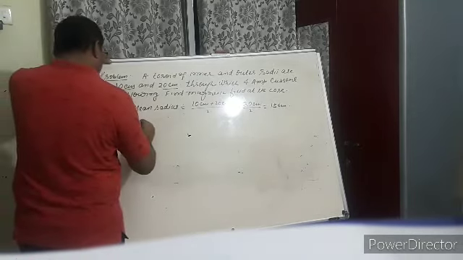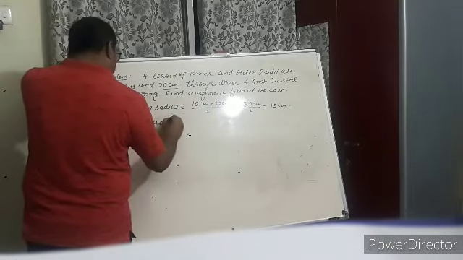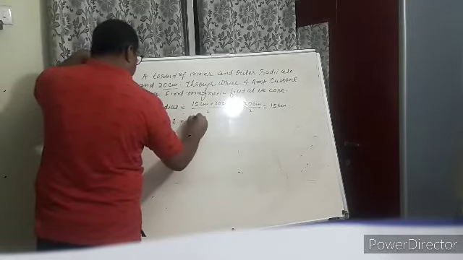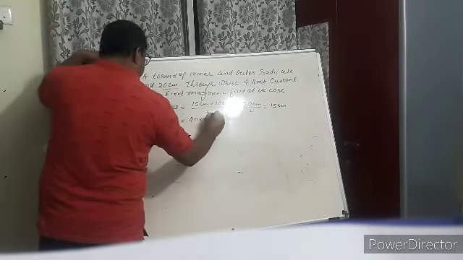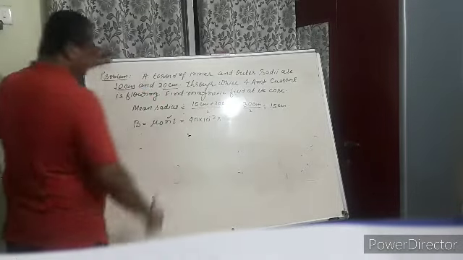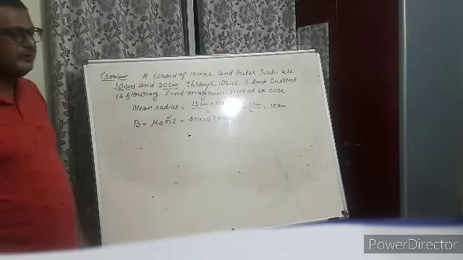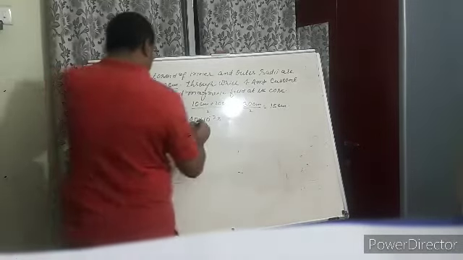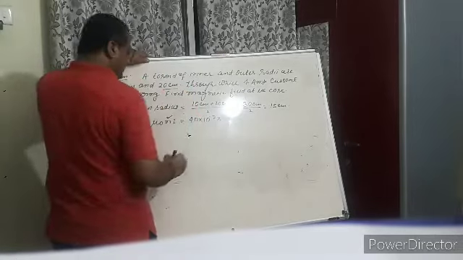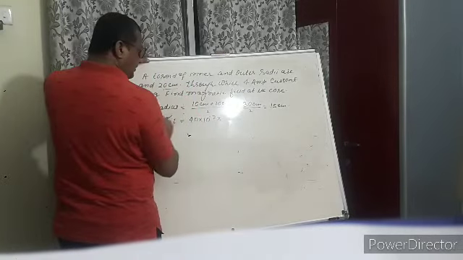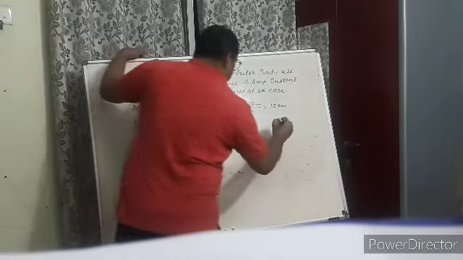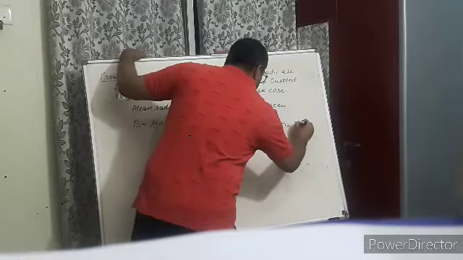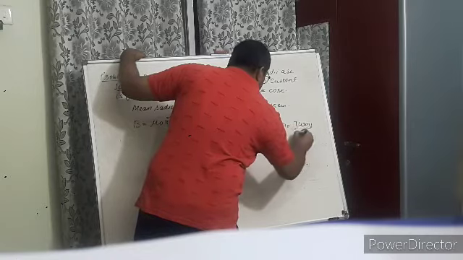Magnetic field is equal to mu naught n I, where mu naught is 4 pi into 10 to the power minus 7, and n is the number of turns per unit length.